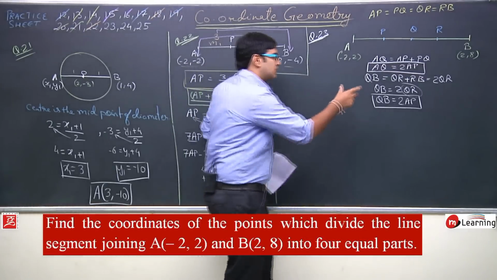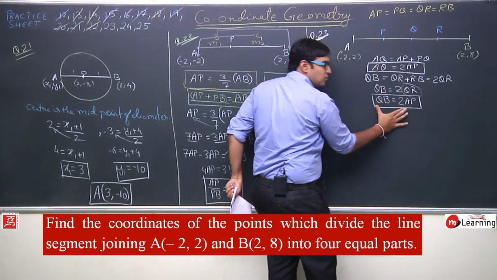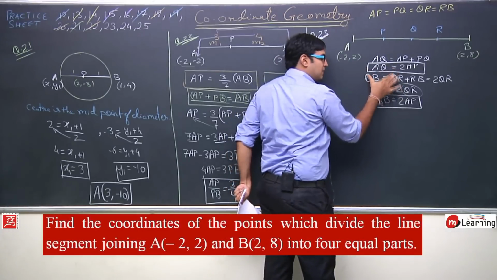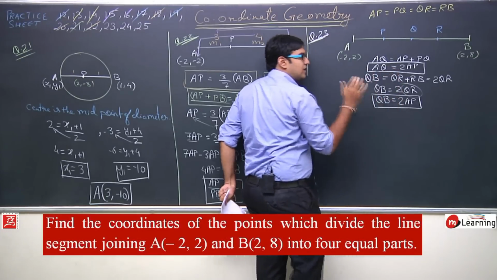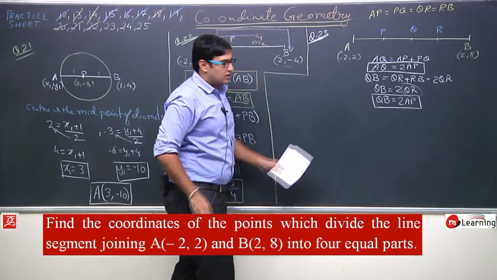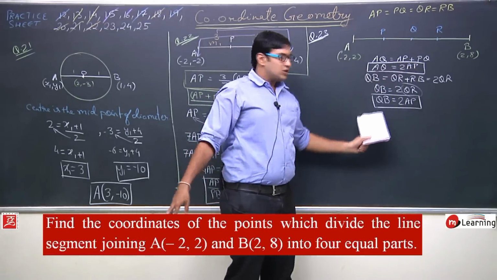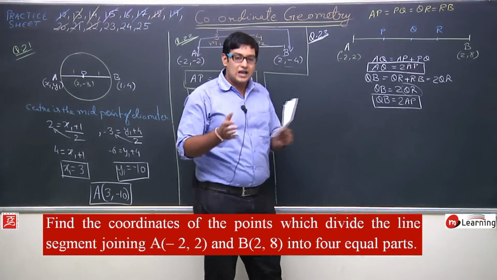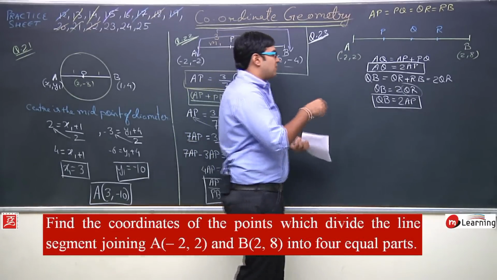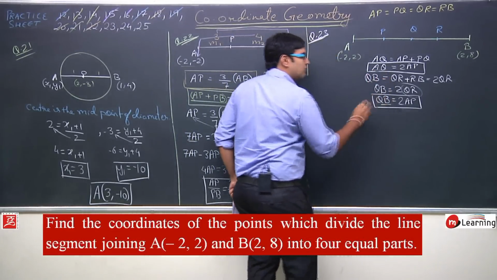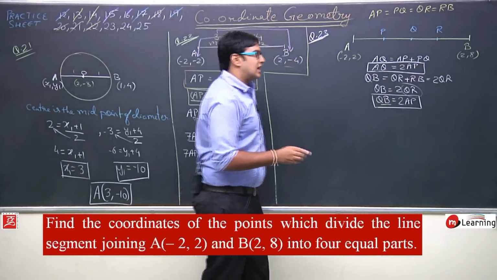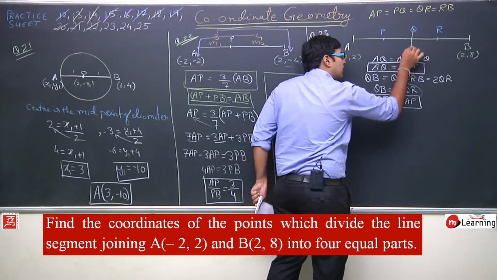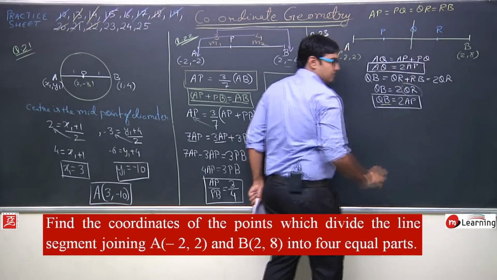Now observe it, this box and this box, you will find that AQ and QB are equal. AQ is equals to 2AP, QB is also equals to 2AP. It means AQ and QB are equal. So if AQ and QB are equal, can I say that Q is the midpoint of AB?